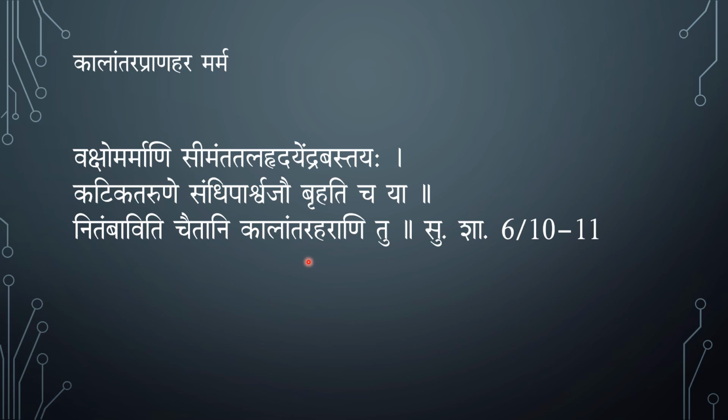Those are known as Kalantara Pranahara Marma. Here Vaksha means the chest region. In the chest region, 4 Marmas are present: Stanamula, Stanarohita, as well as Apalapa and Apastamba. So total 8 Marmas.